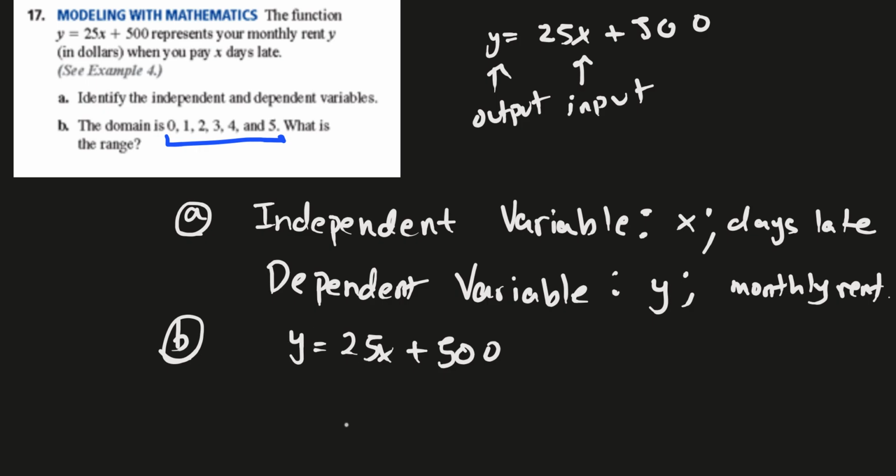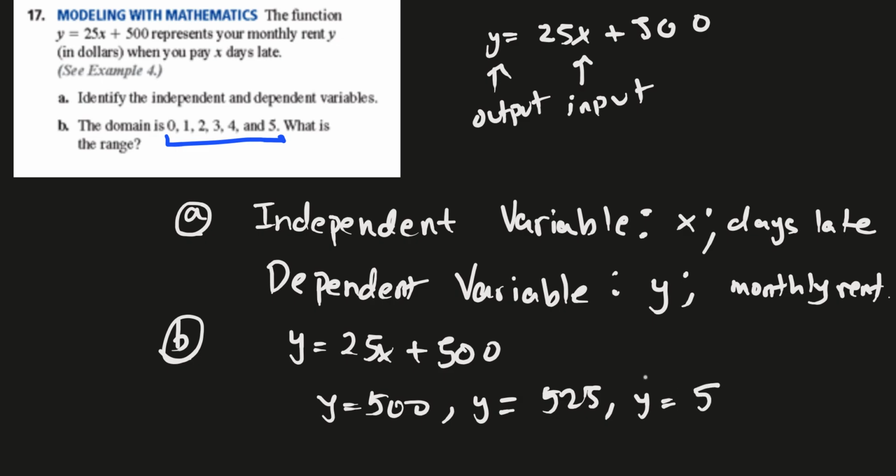If 0 is one of the domain values, then y is going to be equal to 500 in that case. So that's one of the range values for 0 as the input. 1 is going to yield y equals 525. 2 is going to yield y equals 550.